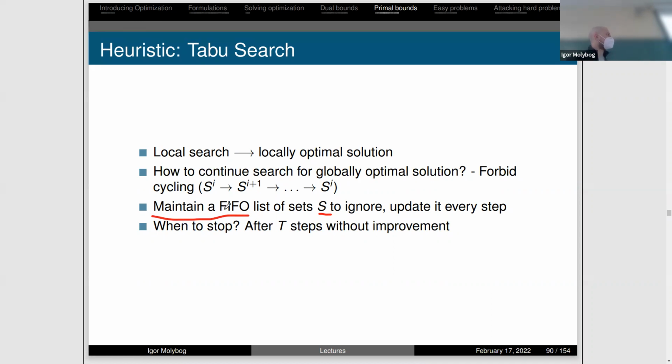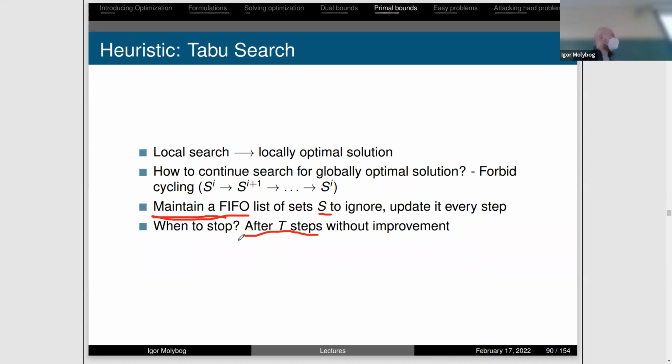It's just engineering wisdom. So if we are forbidding to stop, then when do we say that we have converged, right? It's not clear at all. The idea is that we just set the number of steps in advance through which we agree that we will strive, but after we have completed these T steps, we will pick the point with the best objective value that we have encountered so far.